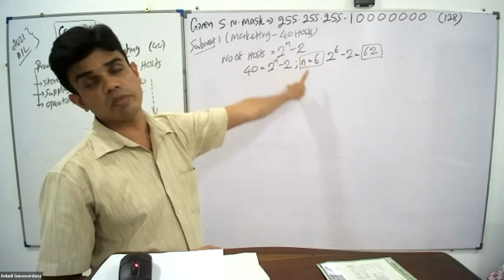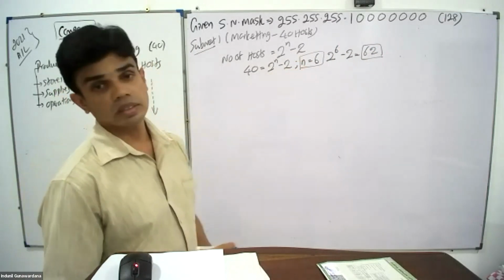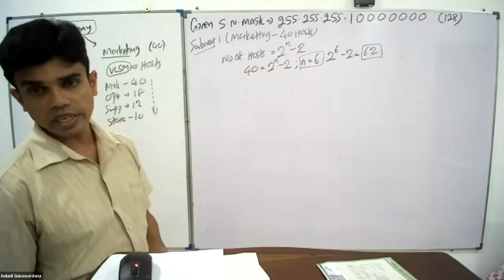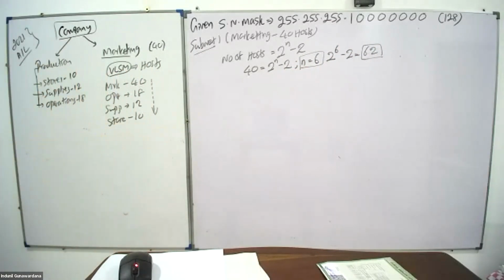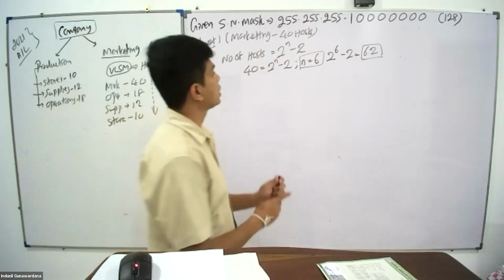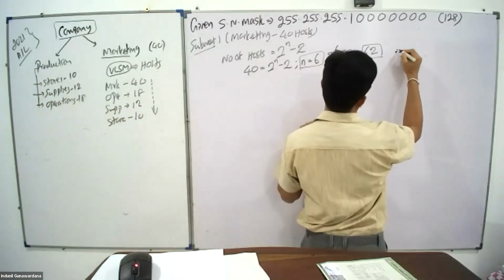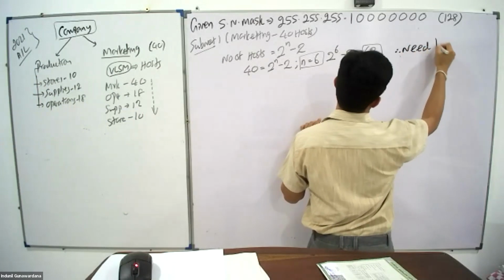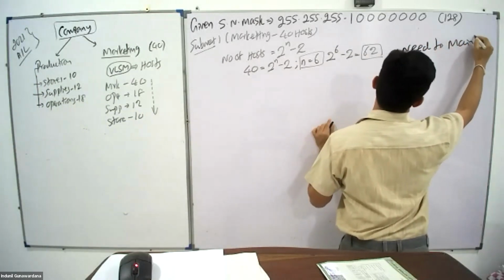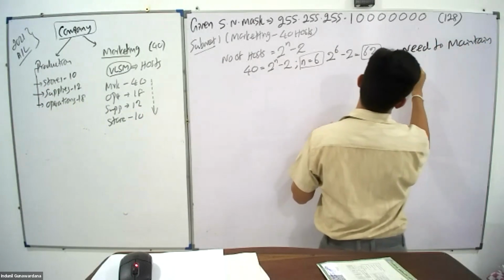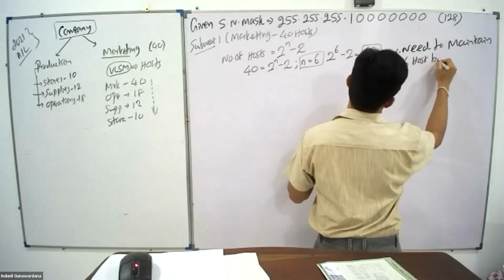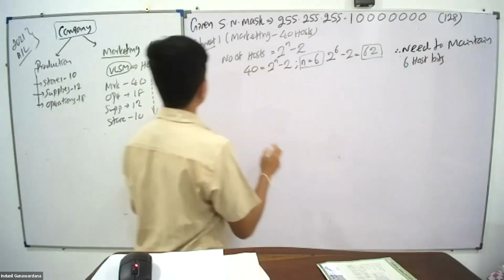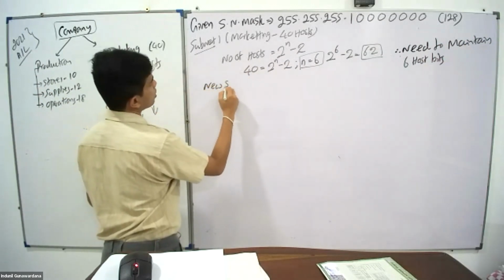So what is this n? Subnet bits, host bits, network bits? In 2 to the power n minus 2, n is host bits. Therefore we need to maintain 6 host bits. So in that order we can go for the new subnet mask.